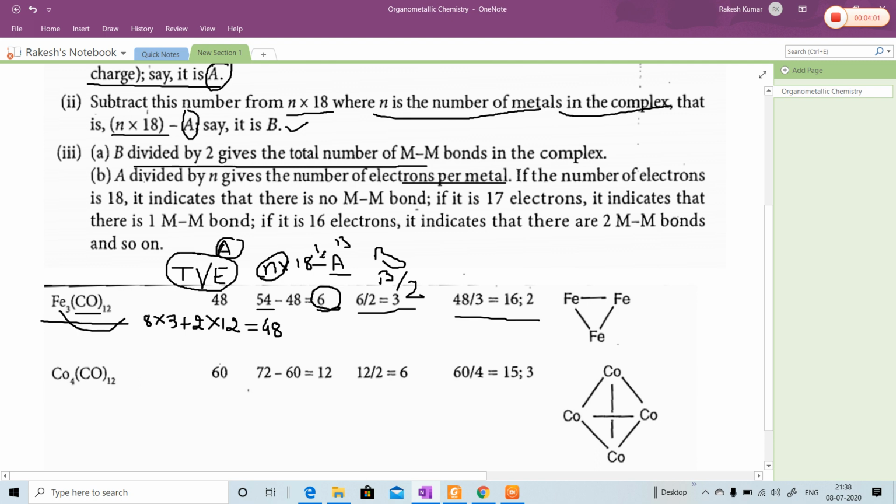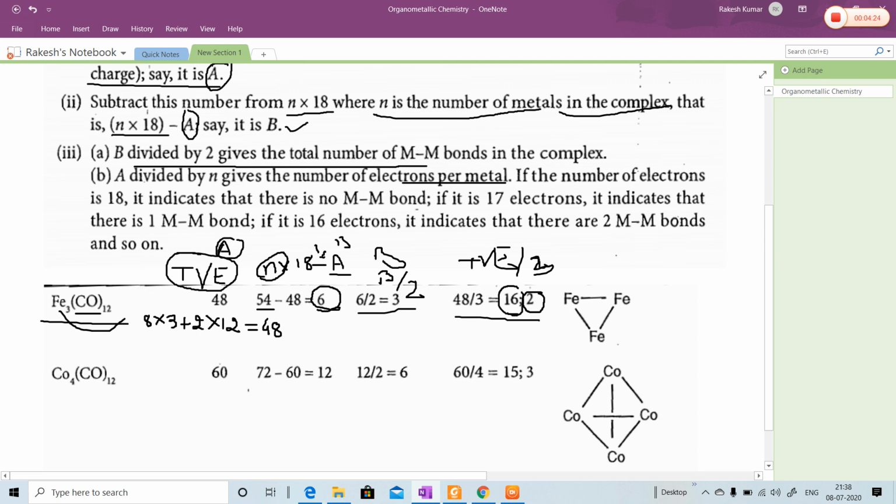48 divided by 3, the total valence electron divided by the number of metal atoms, these are 3, and you will get 16. It means each metal will have 16 electrons.